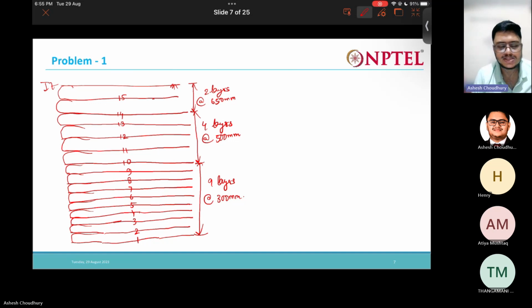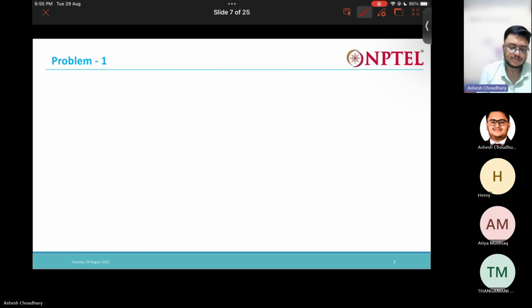See, these are spaced at 0.65, right? So from here to here, 0.65 meter. From here to here, again 0.65 meters. So on the top, it will be 1.3 meter. Then from 1.3 meter plus 0.5 here, layer 13 is at 1.8 meter, isn't it? So like this, you need to write all the depths.